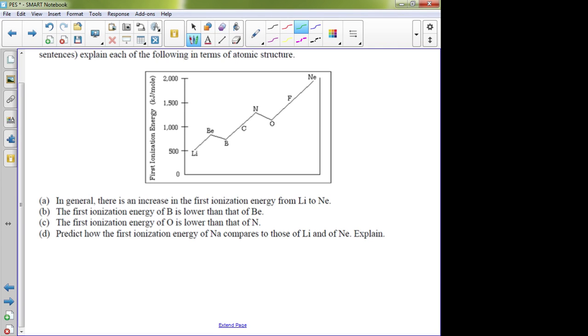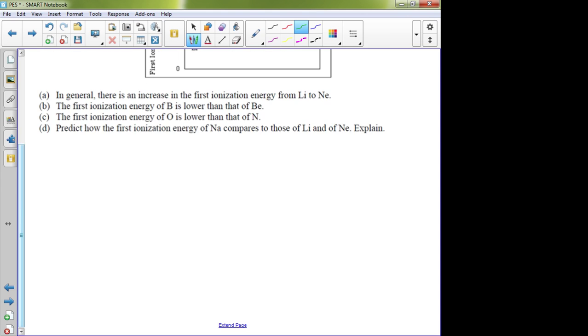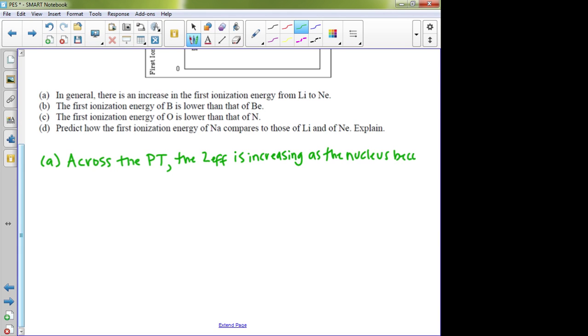Effective nuclear charge. Okay? So, I say, A, as you move across the periodic table, now I'm shorthanding, you would write in complete sentences. As you move across the periodic table, the effective nuclear charge is increasing as the nucleus becomes more positive.